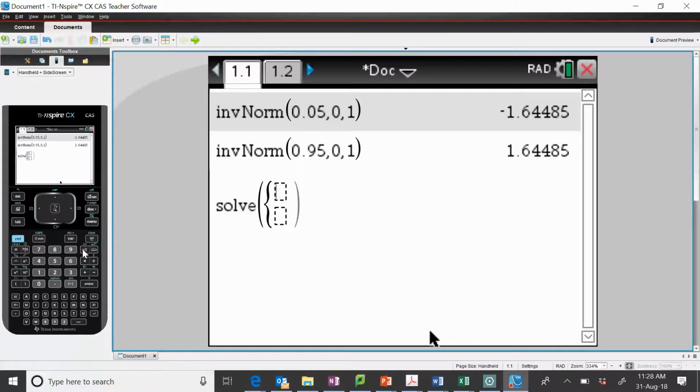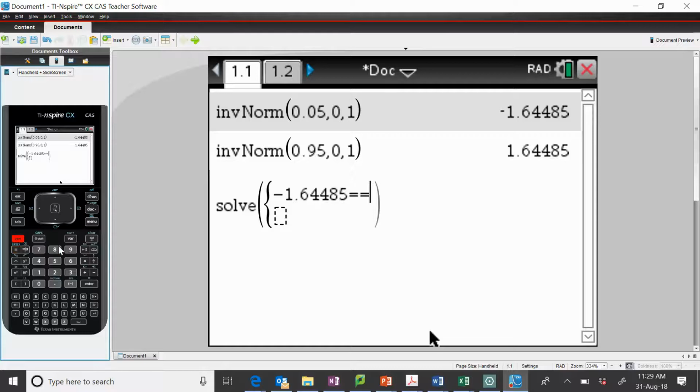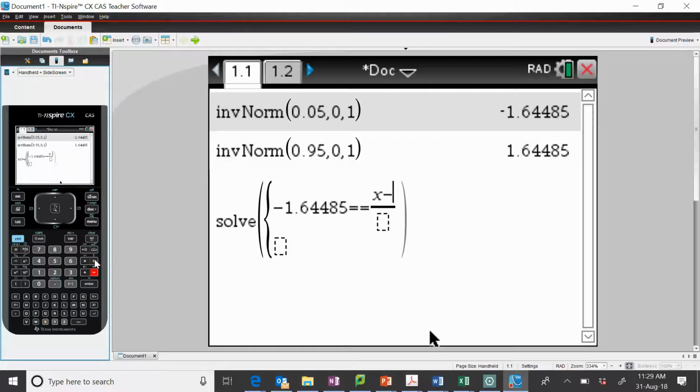I had negative 1.64485 equals, x minus, I'll call it A for mu, B for standard deviation. Okay, and x was 1.925.